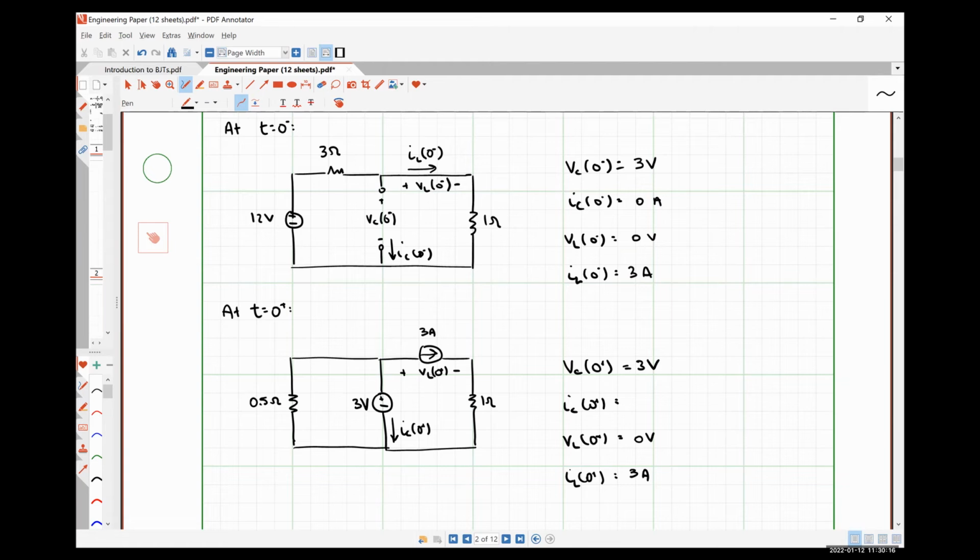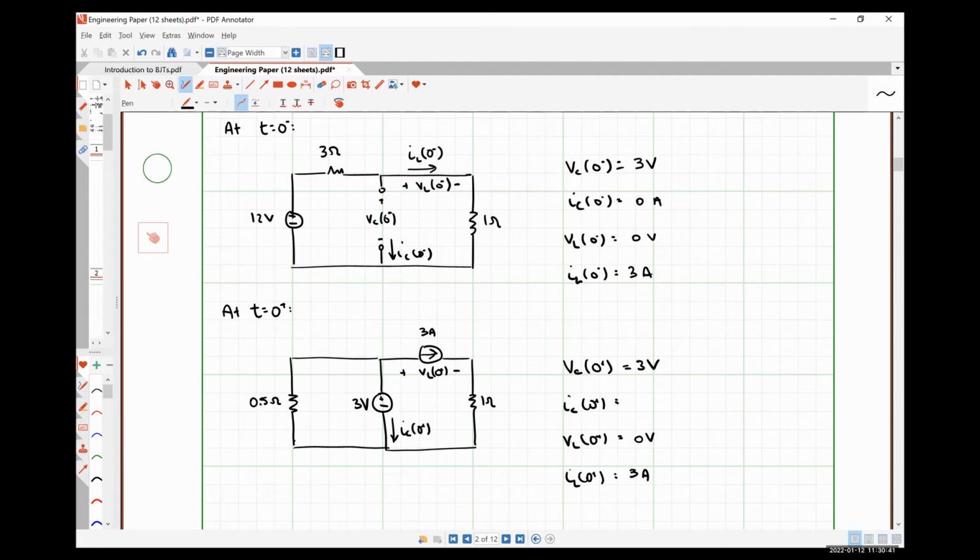So we have 6 amps plus 3 amps plus IC is equal to 0. So what's IC have to be? -9, right? Did I do that math incorrectly? No, yeah. So we know the current leaving here.